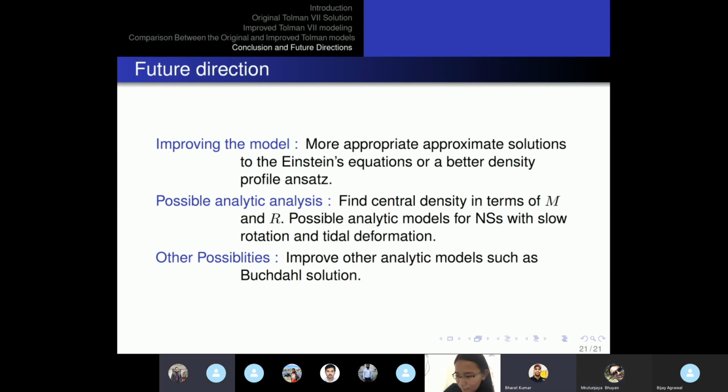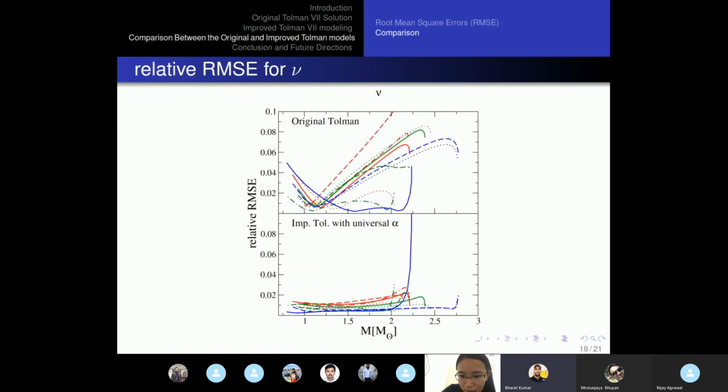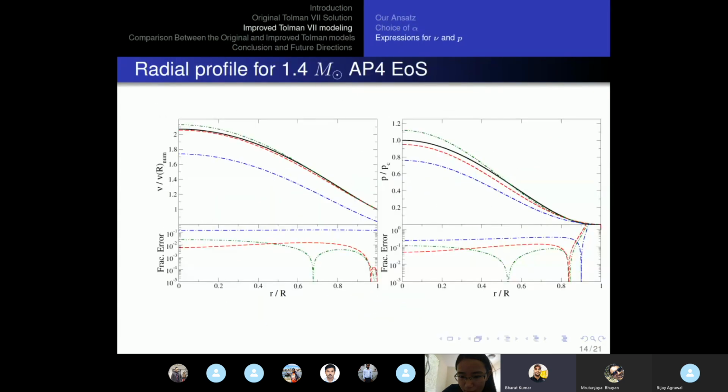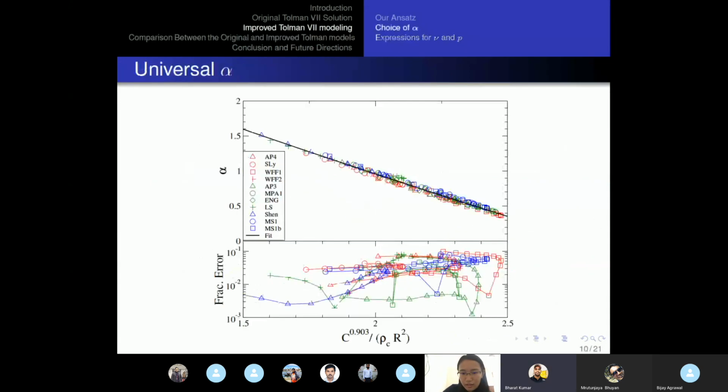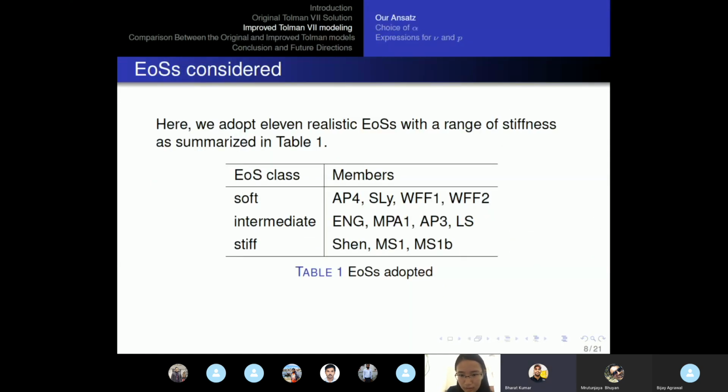Okay, Jiang, I have a question. So you have used soft, intermediate, as well as stiffer equations of state. In one case you have used SLy4. So in the original Tolman case, for SLy the maximum mass is 2.05 solar mass, right? Yes, I think all those equations of state support neutron stars with mass greater than 2.1 solar mass.